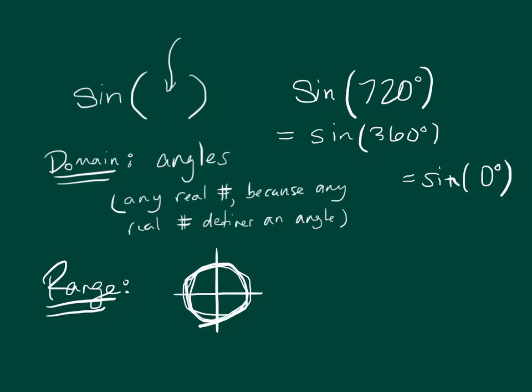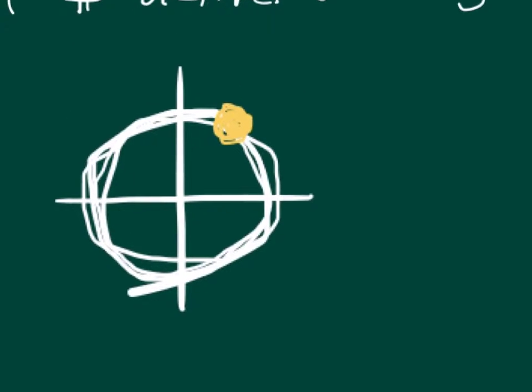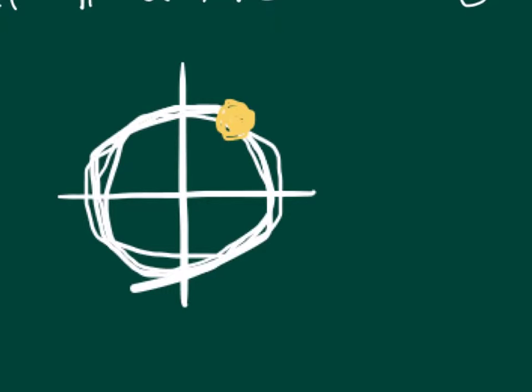So I'm going to draw a point right here, and let's zoom in. And we know this point invokes the notion of a right triangle, and we've decided this is our angle. And so we've plugged this angle into sine, and we've gotten sine of theta.